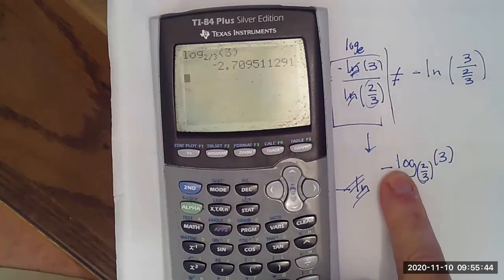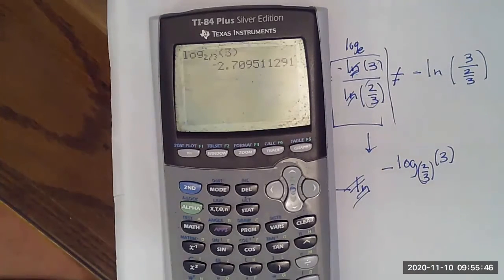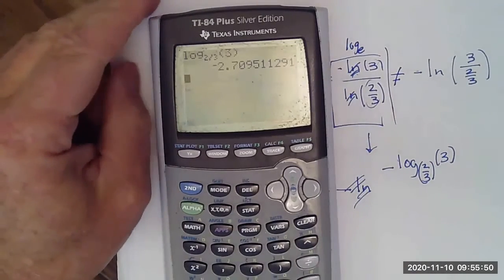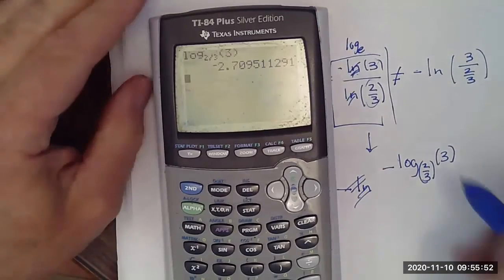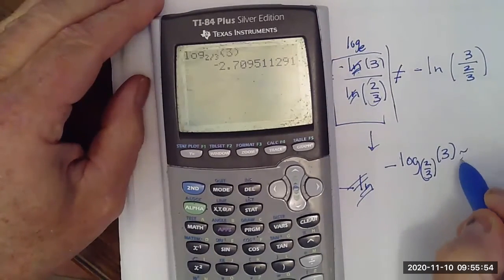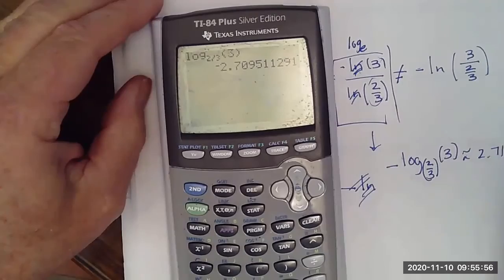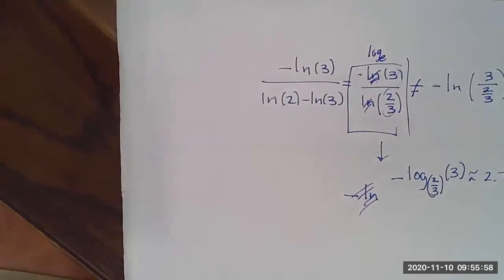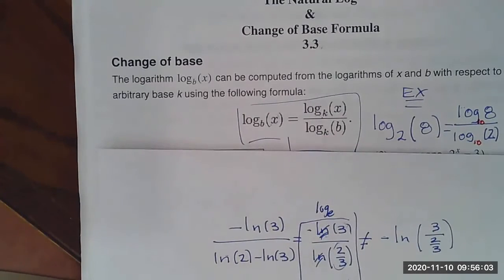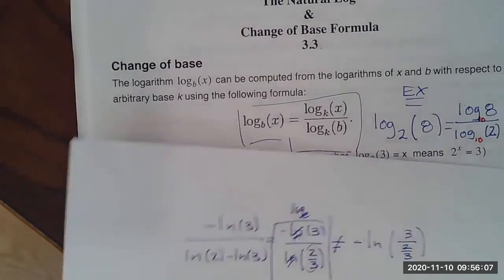You do get a 2.71. I'm doing the happy dance. This is true. The whole thing is true. So Bonnie, there is a way of doing it, and it's called the change of base. I'm happy that you were able to figure that out. Thanks for asking the question.